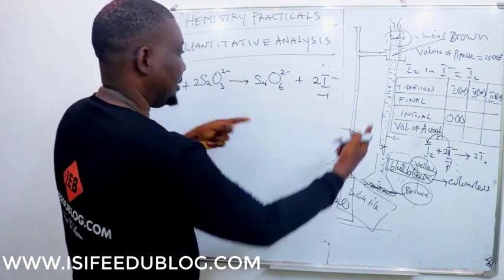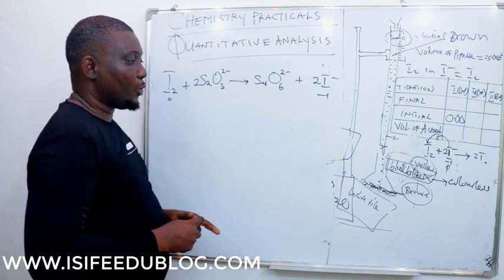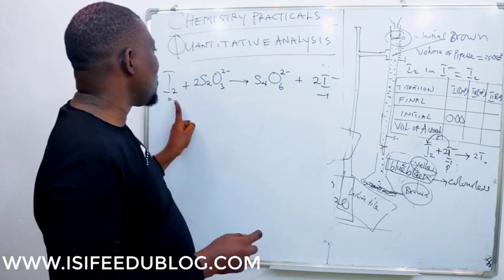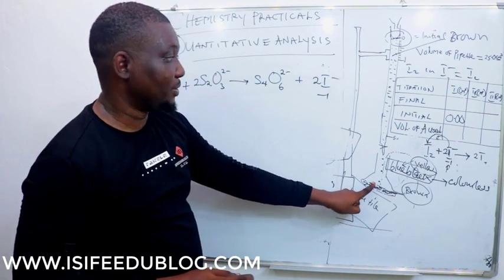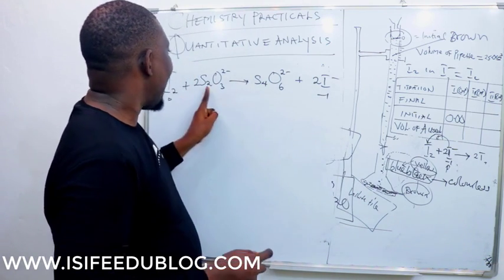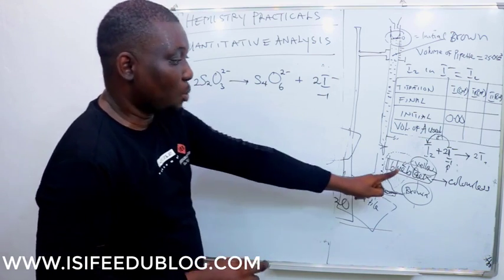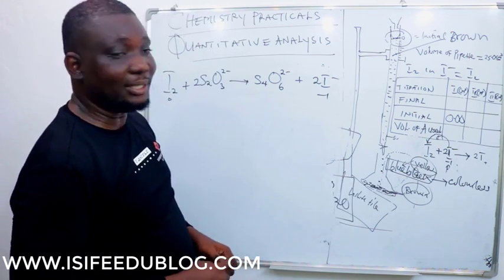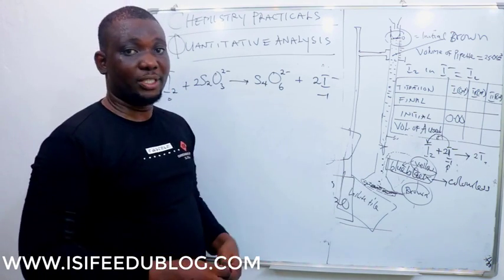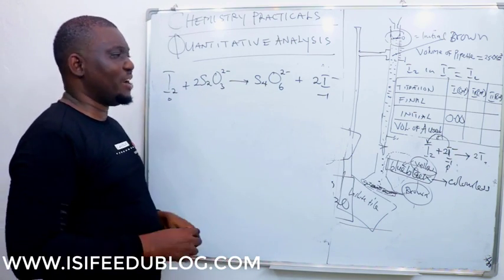That is what happens when these two are mixed together. So the color change from blue-black to colorless means that there is no iodine in the mixture again. All the iodine has been converted to iodide, having been allowed to mix with what? Thiosulfate. That is why there is an intense blue or blue-black color indicating the presence of iodine in the mixture initially.